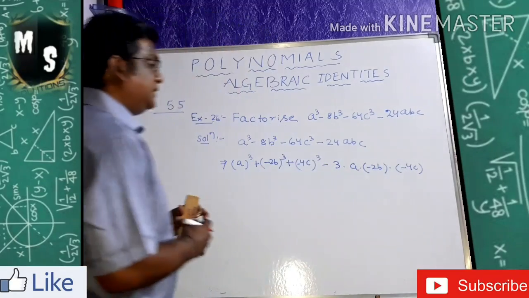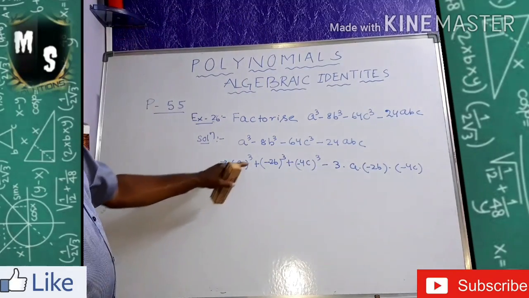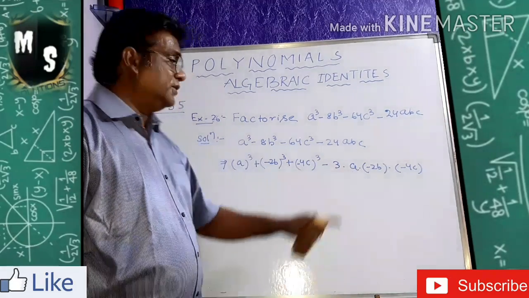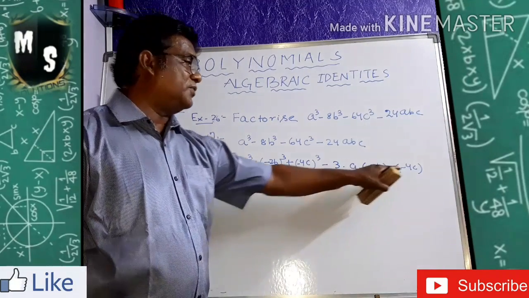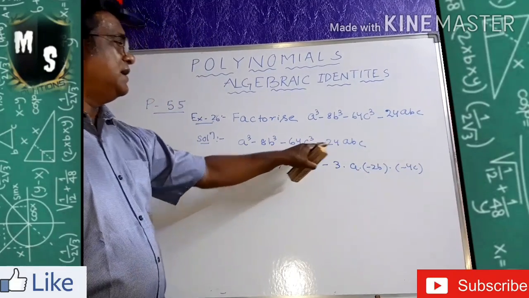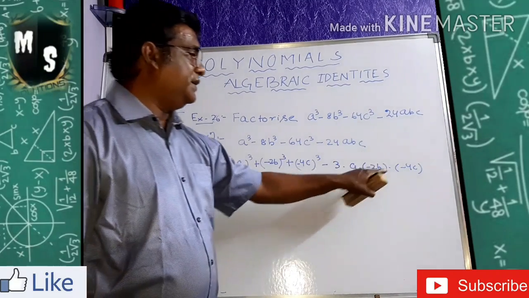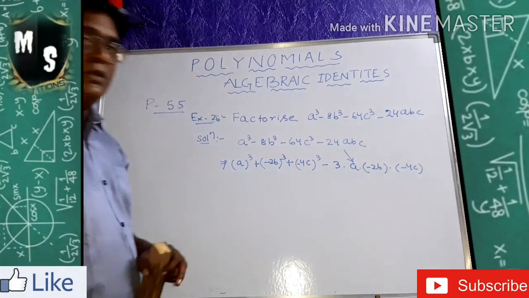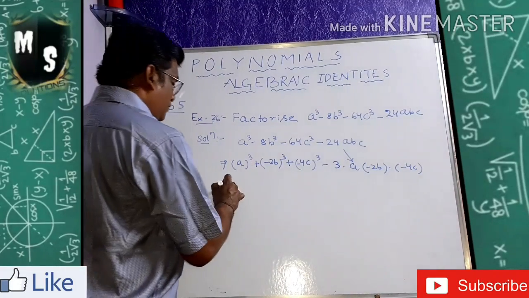See now, whether it is in the formula of a³ + b³ + c³ − 3abc. Yes. 3 × 2 = 6, 6 × 4 = 24. Minus into minus, plus into minus, minus 24abc. It came. Clear now?